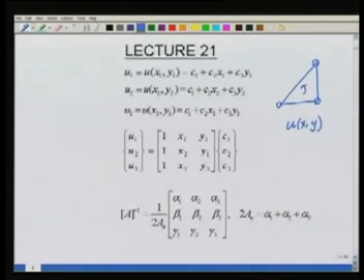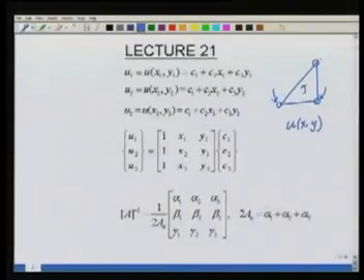So in order to interpolate this function u with a linear in this element, we say fine, u is given by some linear, which is c1 plus c2x plus c3y in this element. Then we ask, what is the value of this linear at the nodes of the element?